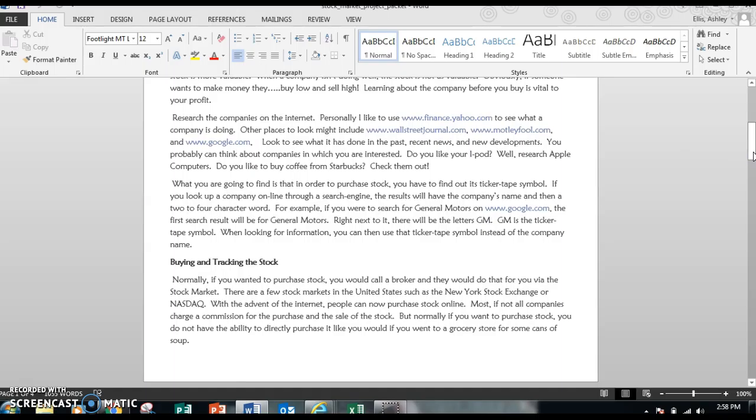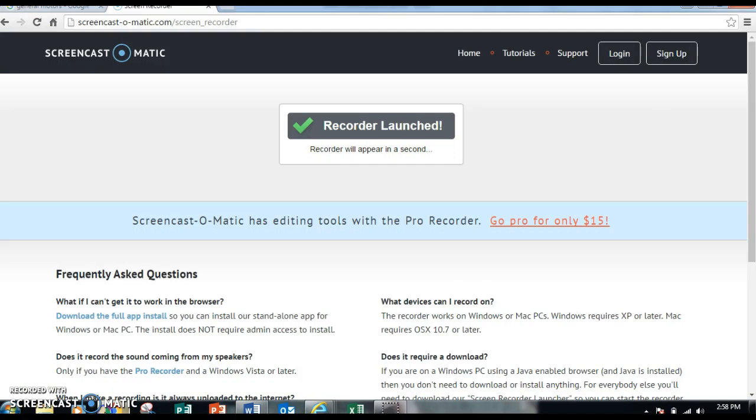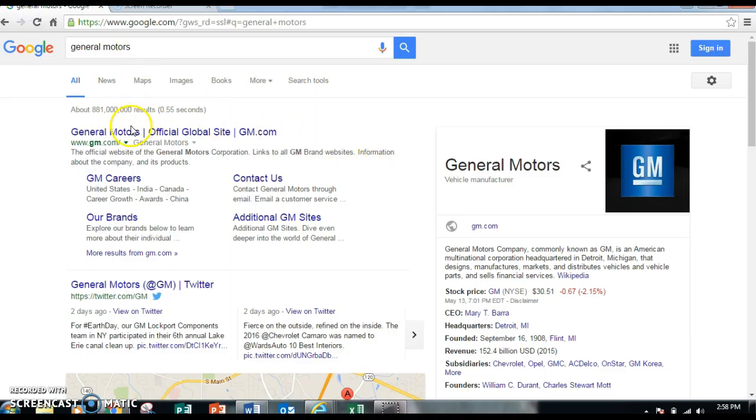What you're going to find is that in order to purchase stock, you have to find the ticker tape symbol. If you look up a company online through a search engine like Google, you'll find the company's name and you'll find a 2 to 4 character word. So for example, if I went to google.com and I typed in General Motors and I pulled it up, you'll see right here this ticker tape is GM.